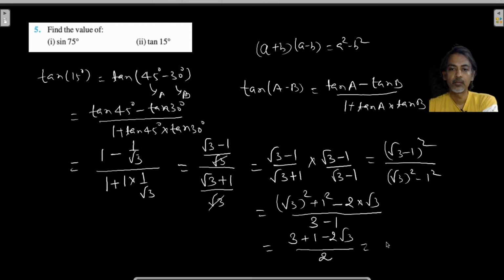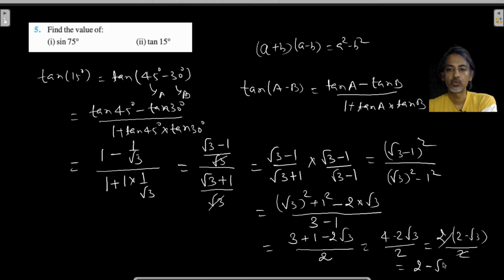Now this will become 4 minus 2 root 3 divided by 2. You can take 2 common and it will become 2 minus root 3 divided by 2. 2 will get cancelled out and you will be reduced with 2 minus root 3, which will be your answer.